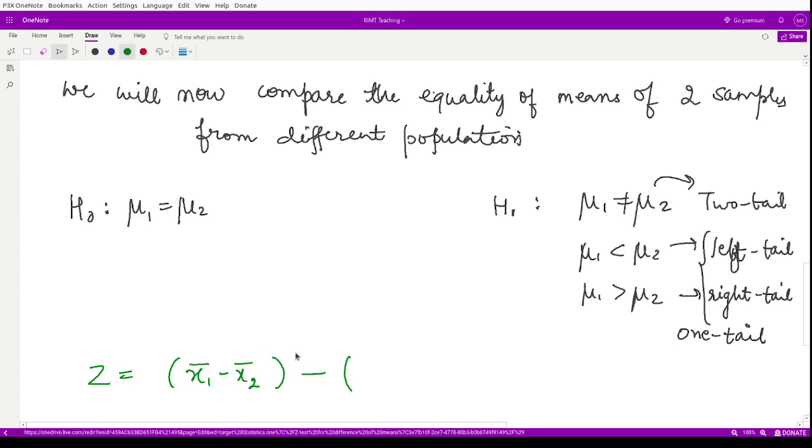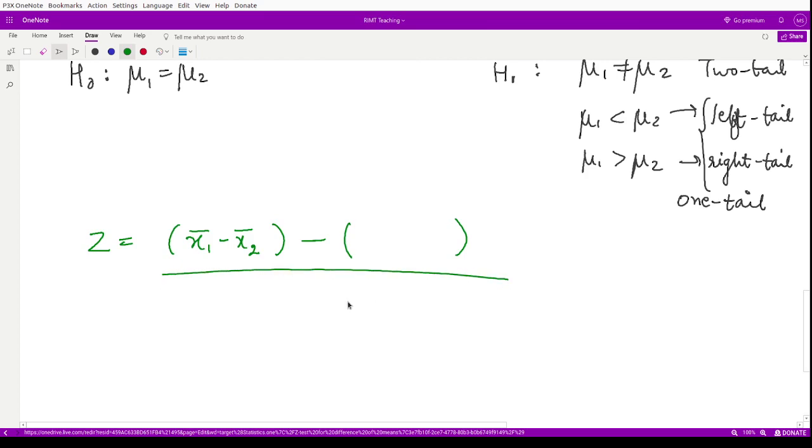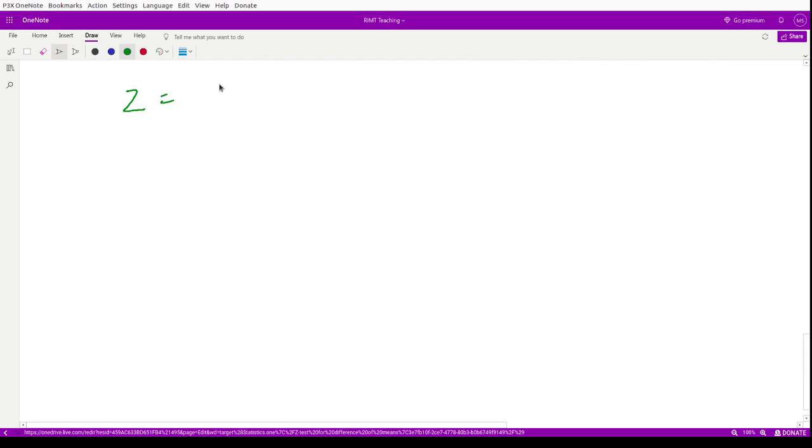This is according to the sample, and this is according to the population, divided by the standard error. So the formula for this Z statistic is equal to x1 bar minus x2 bar divided by the square root of sigma 1 square by n1 plus sigma 2 square by n2.